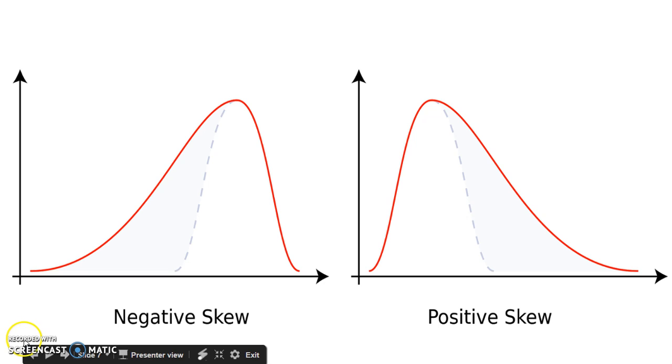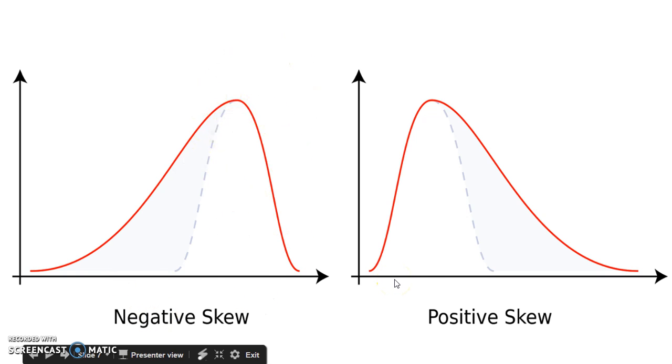A real-life example of a distribution that would be negatively skewed is height of NBA basketball players. Basketball players, more often than not, will be significantly taller than the average person, and so most of those numbers would fall towards the higher end of a distribution.